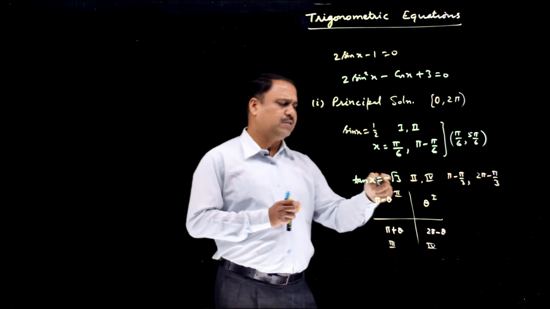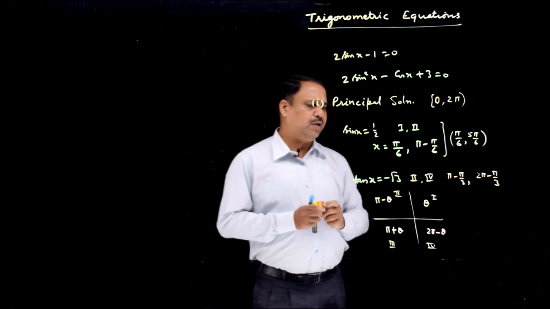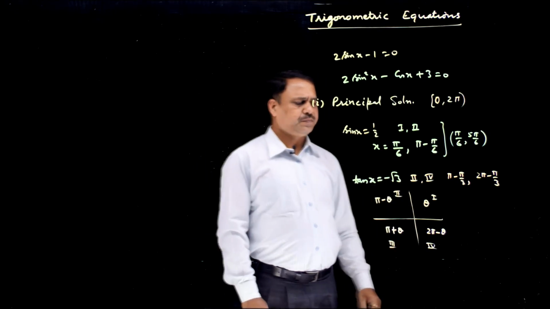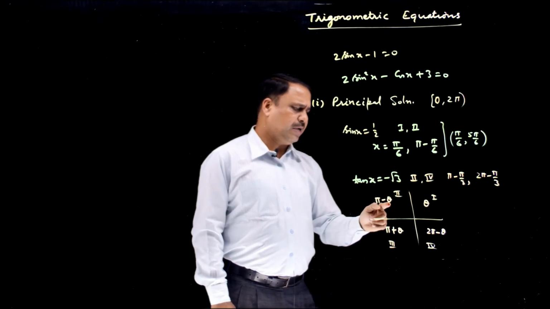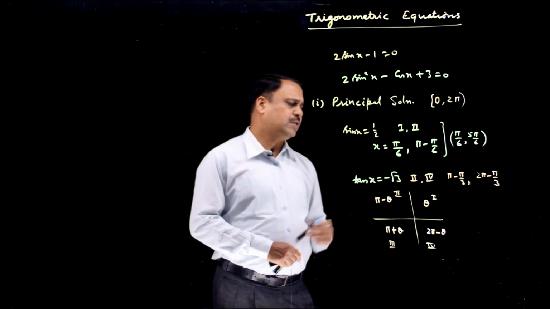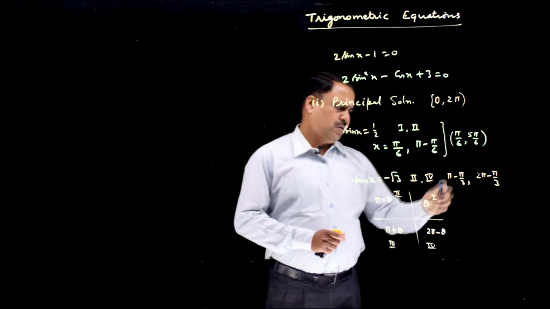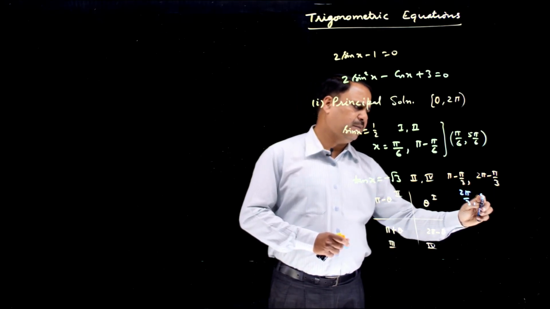First I will take the modulus, find the theta, and then I can find in which quadrant it lies, and accordingly I can find the value. Here it lies in second and fourth. Second quadrant pi minus theta. Under root 3 means pi by 3. So this will have two answers, that is 2 pi by 3 and 5 pi by 3.